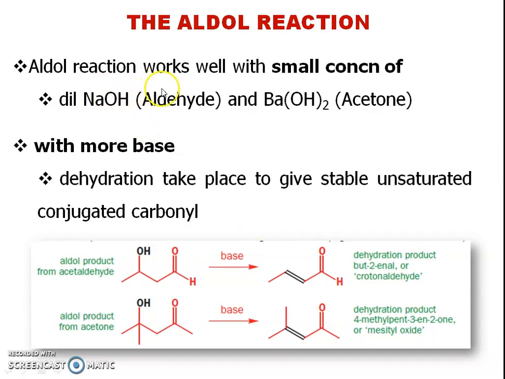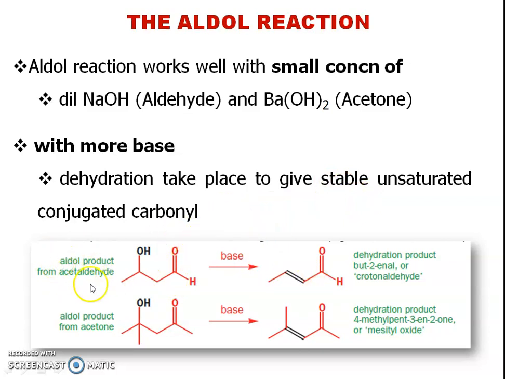Usually the aldol reaction works well with small concentrations of dilute bases. In the case of aldehyde, the best base is dilute sodium hydroxide. In the case of acetone, that is a ketone, barium hydroxide is the best one. When you add more base, dehydration takes place, and it gives a stable unsaturated conjugated carbonyl compound.